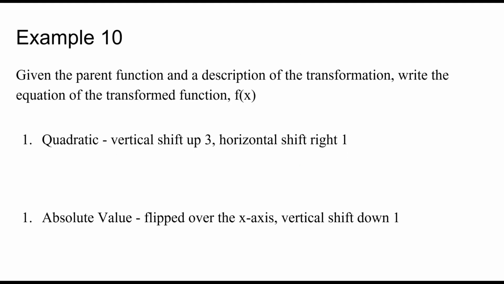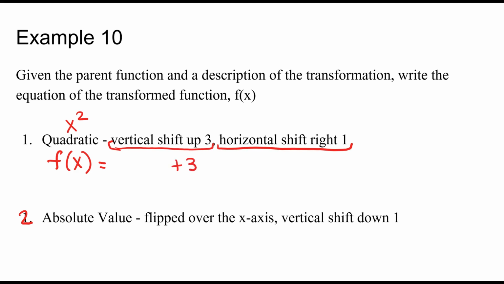Given the parent function and a description of the transformation, write the equation f of x. All right, these can tend to be a little trickier. So f of x is equal to, we're dealing with x squared here. We want to vertically shift it up and shift it to the right. So to shift it up, we know we're going to have a plus 3 on the outside. But to shift it to the right, it needs to be inside a minus 1.